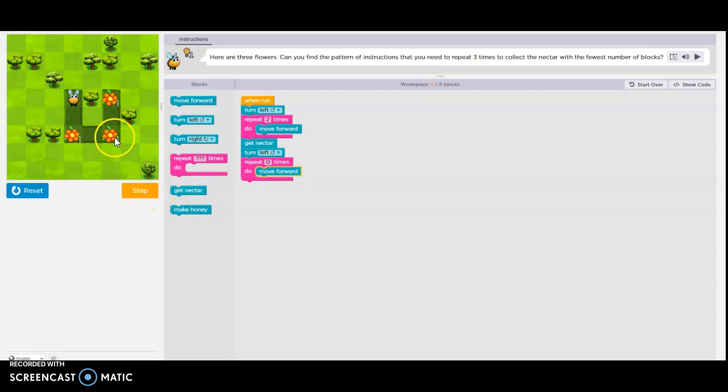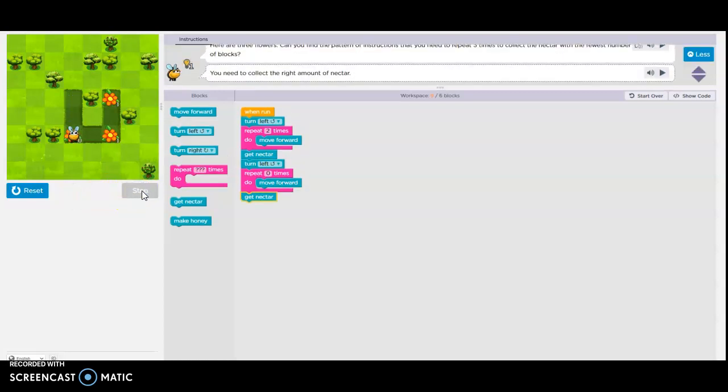And once we're here, I told you not to forget the flower, so I'm going to put it. We're not going to forget to get the flower. Now we're here. We're just going to see how we're doing. Looks okay.